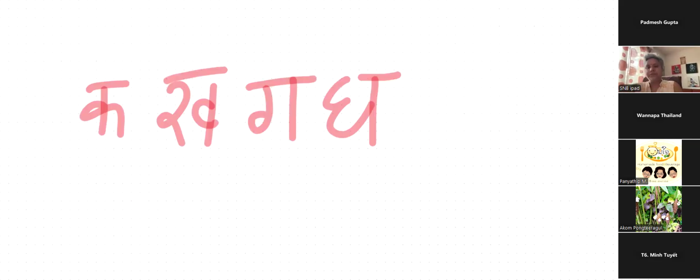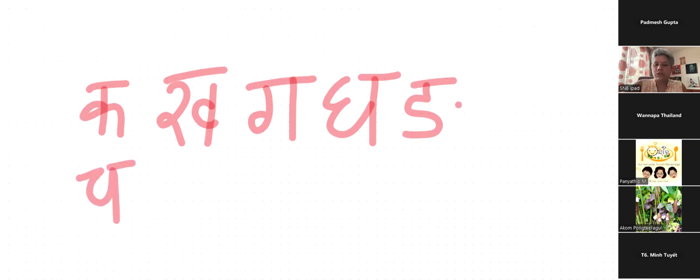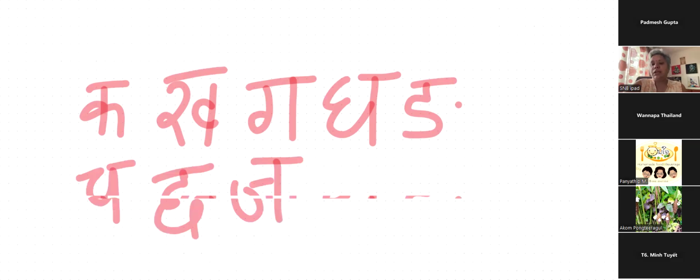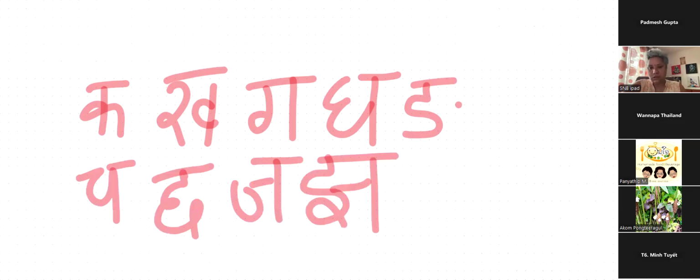Is it right? And then what we did last time? Ch, Ch, J से जलेबी, झ से झंडा, अणी. Correct?